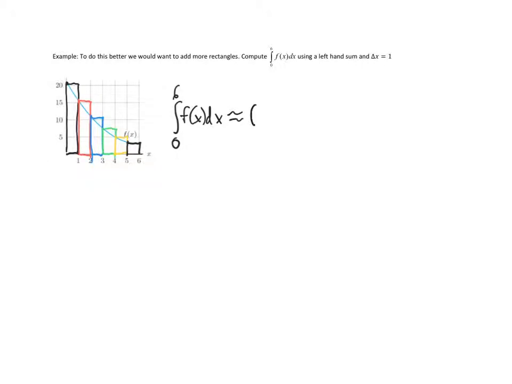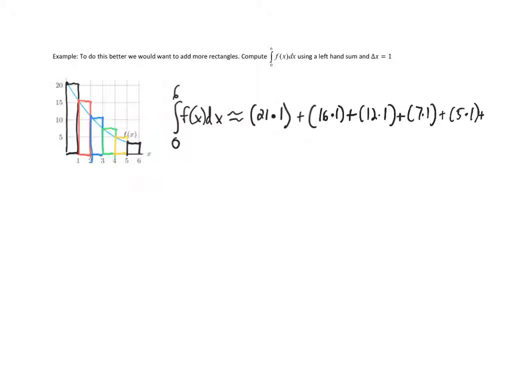So the first rectangle has a height of about 21 and a width of 1. The next rectangle, the red rectangle, has a height of about 16 times a width of 1. The blue rectangle would be 12 times 1, and so on. The green rectangle, I'd say that's about 7 times 1. The yellow rectangle, height of 5 times the width of 1.